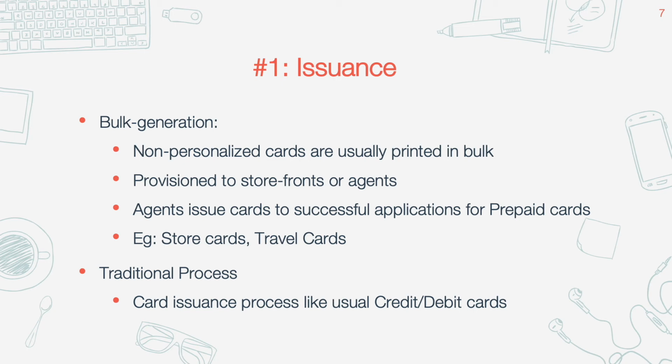So the storefronts or the agents then do a KYC, the identity validation, and then issue the cards to the customers. Some of the examples are the store cards, the travel cards, etc. The second approach is the traditional approach, where the customer applies for prepaid cards with the financial institution and then they would issue the prepaid card.